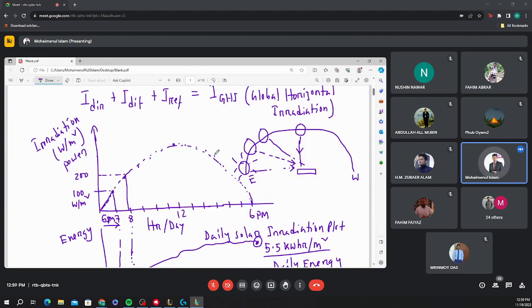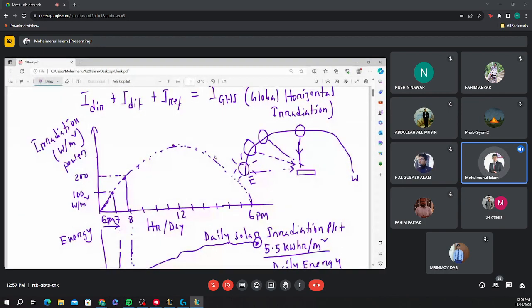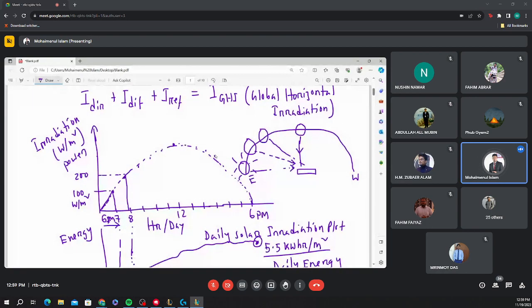So now, as we know the irradiation plot and the energy plot, it seems like during the mid time of the day, suppose after 10 o'clock to 2 or 3 o'clock, these 4 or 5 hours, you are getting the maximum amount of energy, right? Almost. And this portion shows you a very high amount of power.